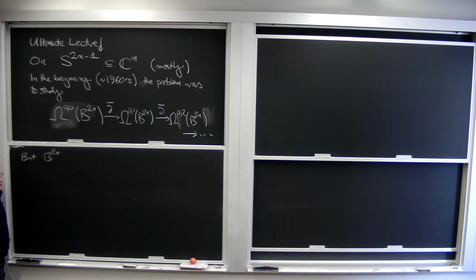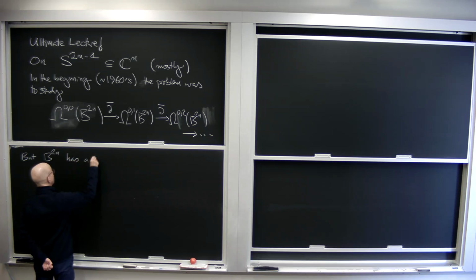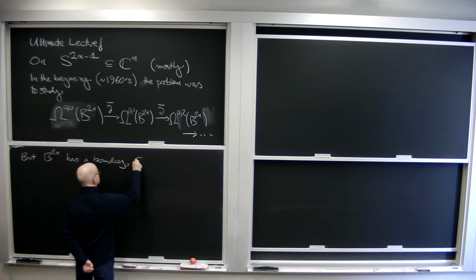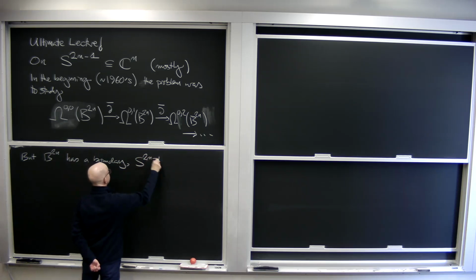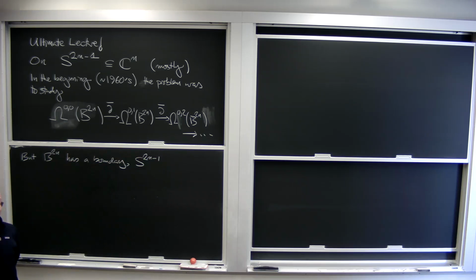But you see, what makes this complicated is that this ball has a boundary, the 2n-1 sphere, the very sphere that we were talking about before. So we're not doing analysis on a closed manifold, which is where soft, weak, pure mathematicians like me like to be.